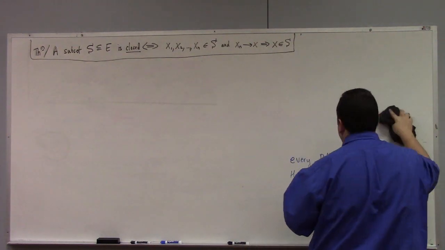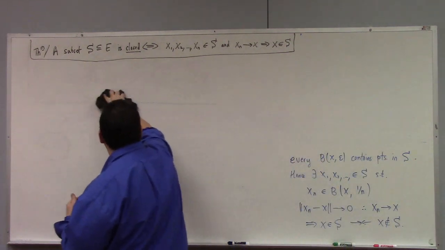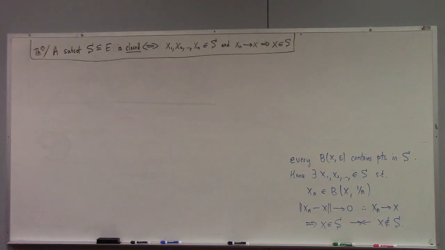This only holds for norm spaces, or more generally metric spaces. You notice that we didn't really use the norm anywhere here, we've just used the ball idea. But definitely for norm spaces.